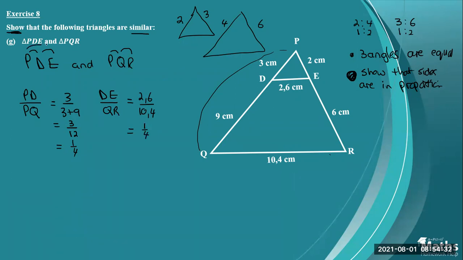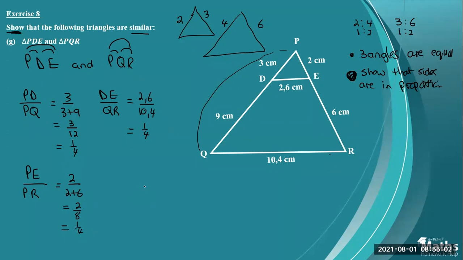Then the last one will be PE over PR. And PE, let's see on the drawing, PE is 2 centimeters and PR will be 2 plus 6. That gives me 2 over 8, and simplify that into 1 over 4.